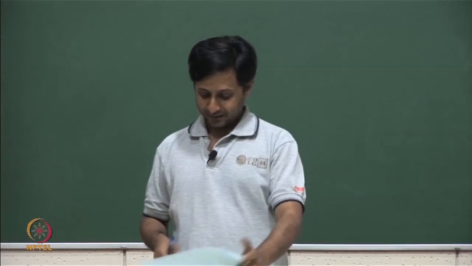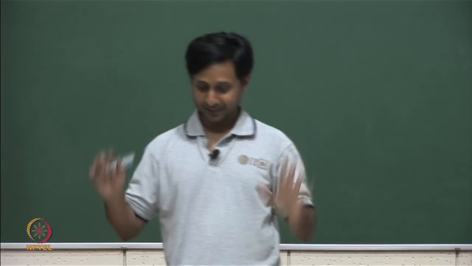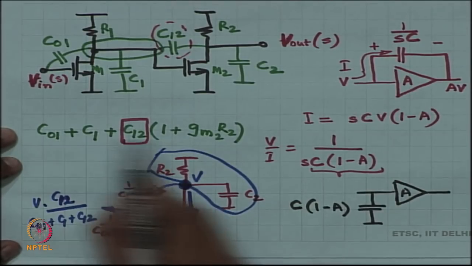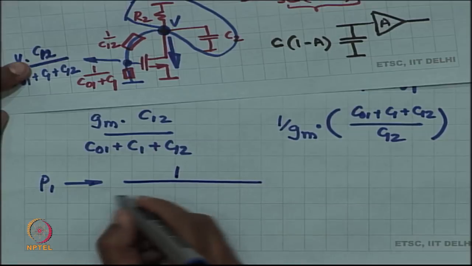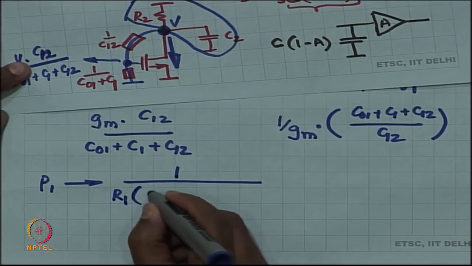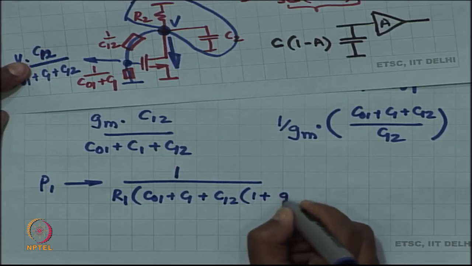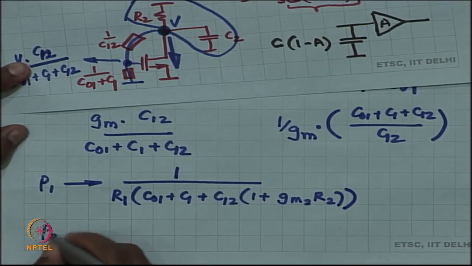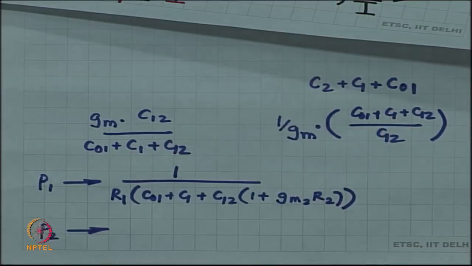All right. So, I have got two poles now. This is my setup. I have got node number 1 where I have found the capacitance, and the resistance is just R1. So, my pole number 1 is 1 by R1 times C01 plus C1 plus C12 times 1 plus gmR2. And then pole number 2 is the combination of these two.